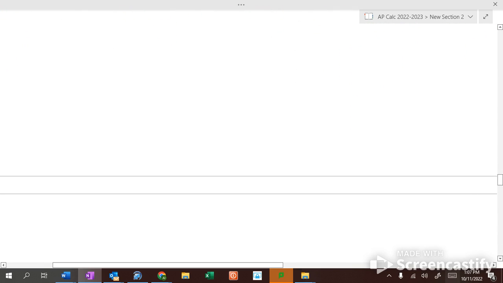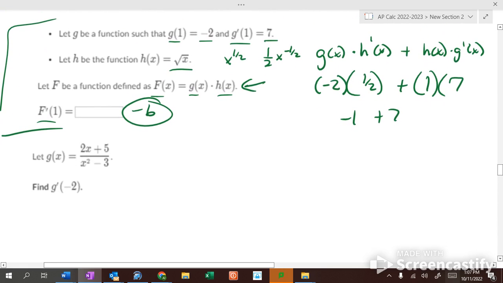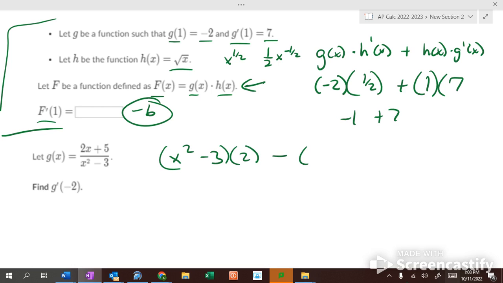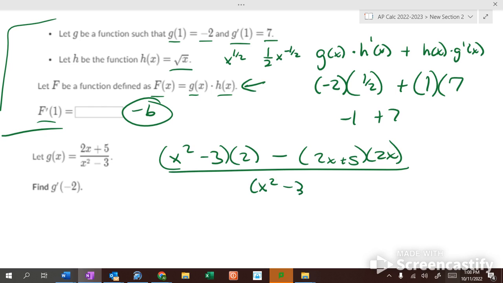I think this might have a little bit more. First derivative at negative 2, how do we figure it out? Quotient rule. x squared minus 3 times 2, minus 2x plus 5 times 2x, all over x squared minus 3 squared.